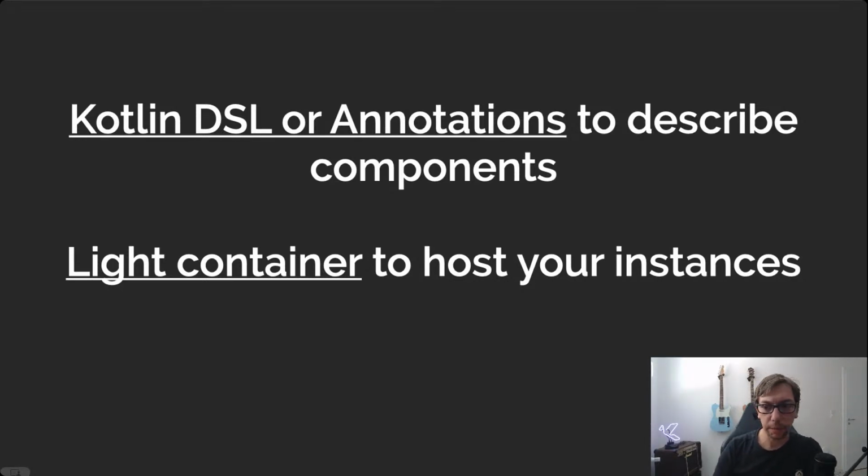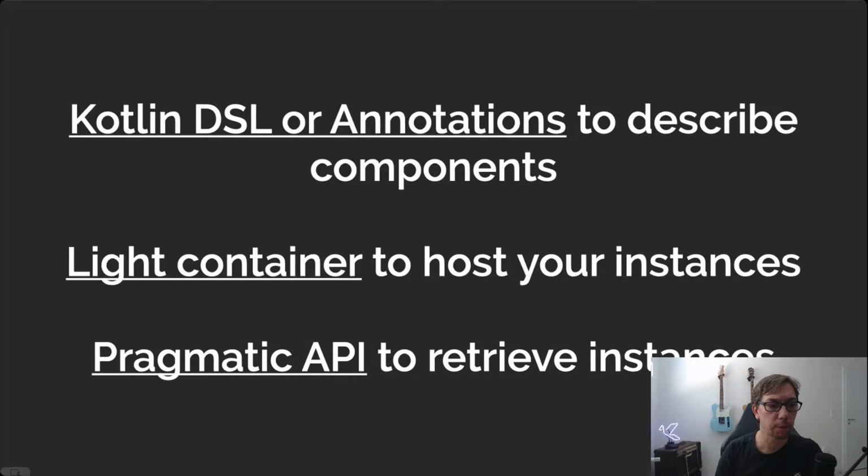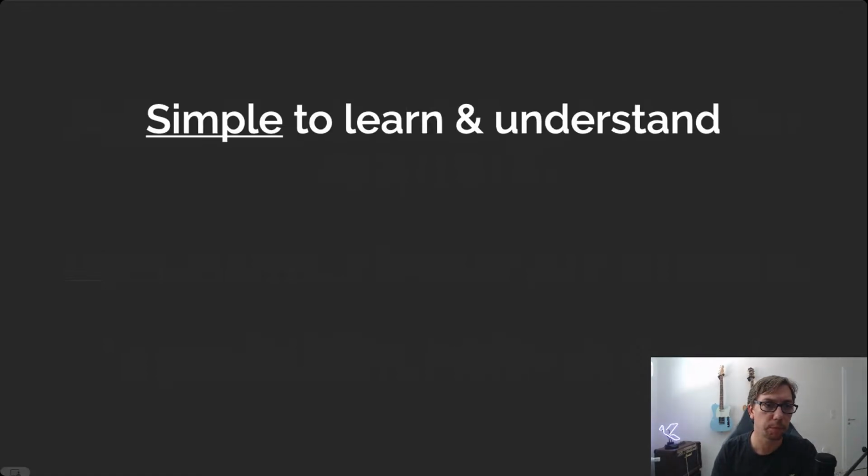It's a light container, and it's super fast because everything is optimized in terms of indexing. You have a pragmatic API to retrieve your object instances inside your application. Pragmatic API means something simple that catches every kind of experience for you. It's super easy to learn and understand.